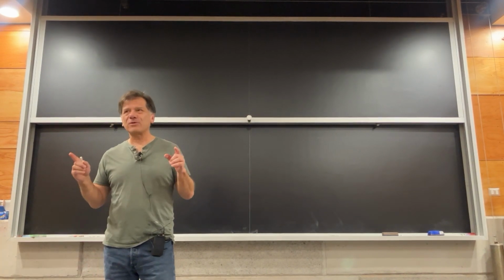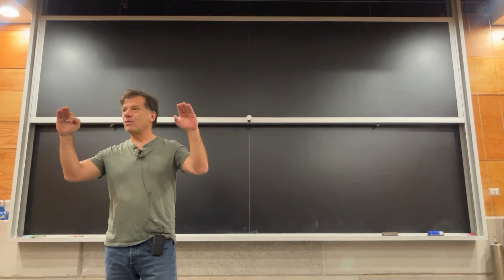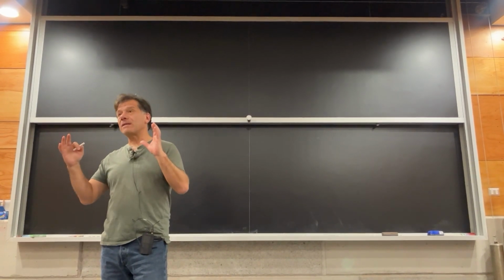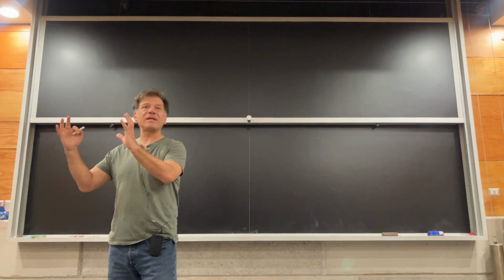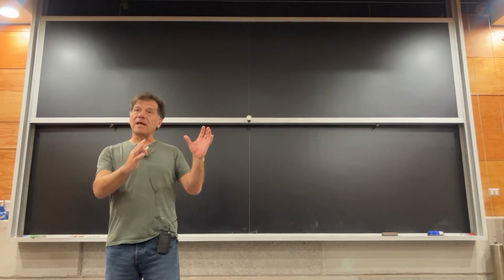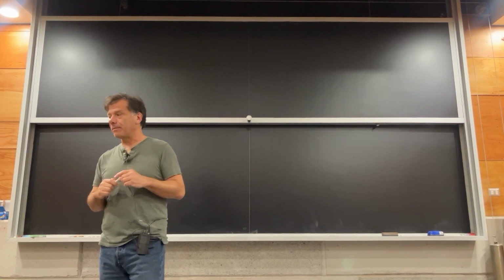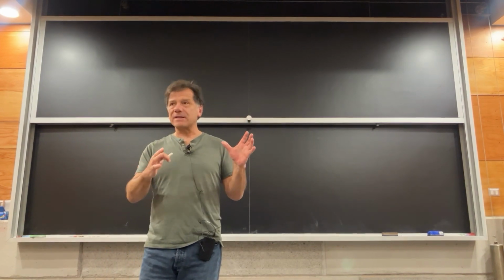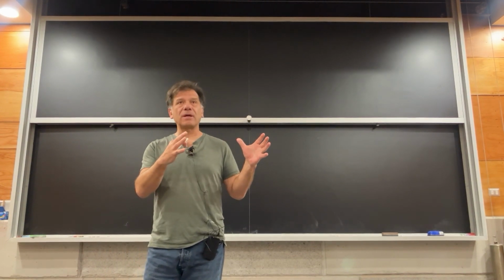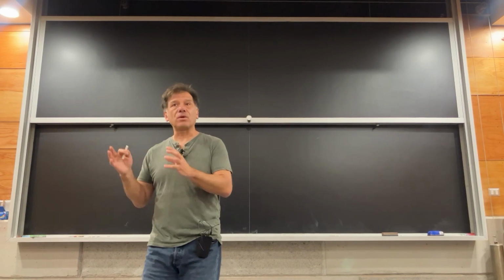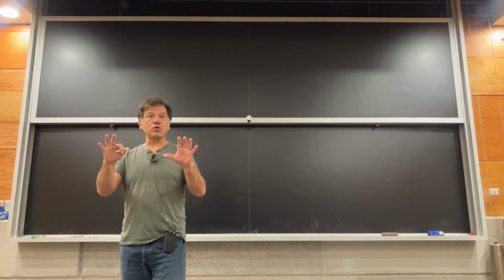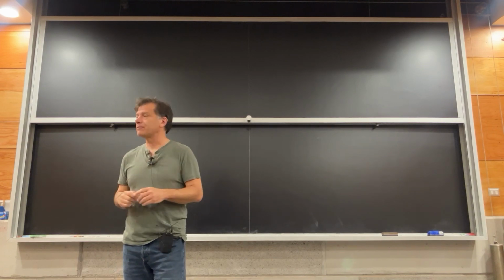I'm just really trying to make the point that they're both equally relevant, equally useful. In some things, one might be the right way to do it, and in others, the other one. And I think the best is that you have to master both. You have to really understand how the Hamiltonian mechanics works and how the Lagrangian mechanics works. And then you will be able to tell which one to use in this problem or this other problem.